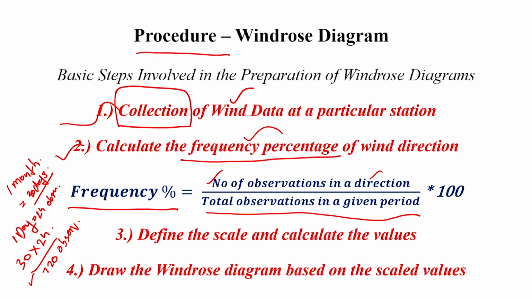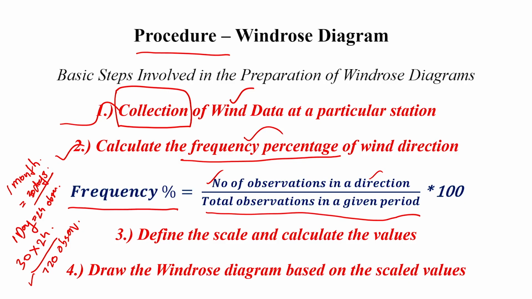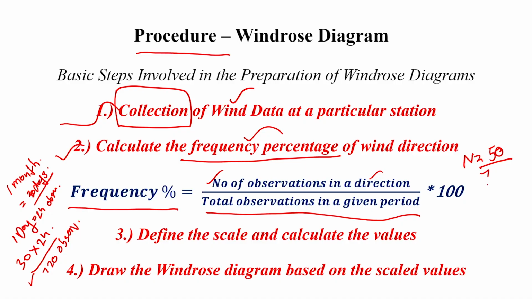For example, out of the 720 observations, if I have 50 observations where the wind is coming from the northern direction, then for the northern direction the number of observations is 50. So, 50 divided by 720 into 100.